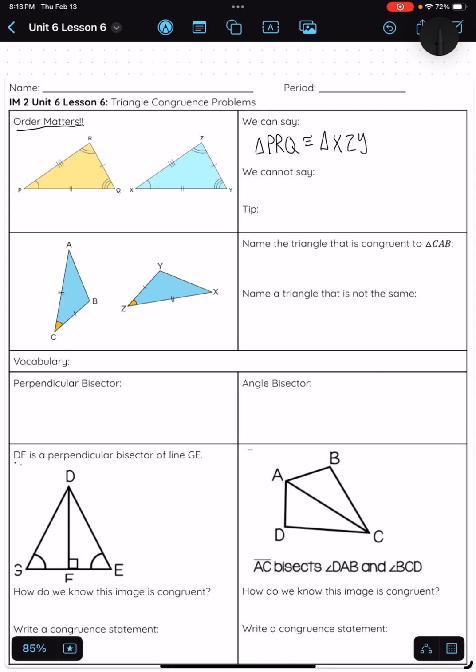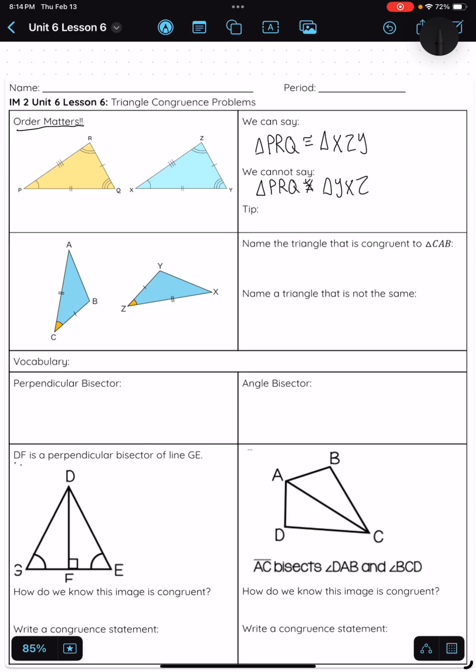We can say that, but we can't say that triangle PRQ is congruent to triangle YXZ. You have to match up the corresponding parts.